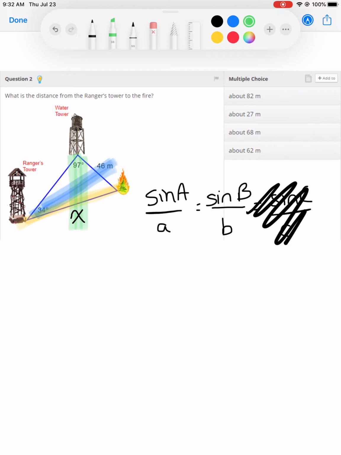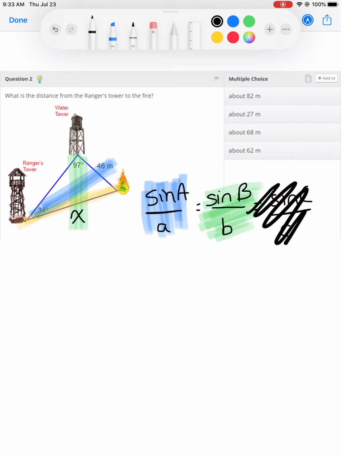What we also need to do is keep the same stuff together. I've highlighted my 97 and my x in green, I'll put those there, and then I'll put my blue ones in here. We have to keep it together as well, because those are in perspective of each other. It's 46 meters long, that's why it's 34 degrees to an extent. It also depends on the other 2 angles, but yeah.